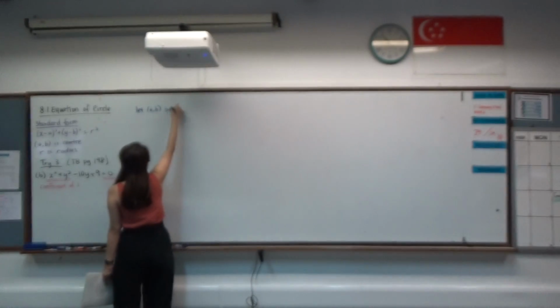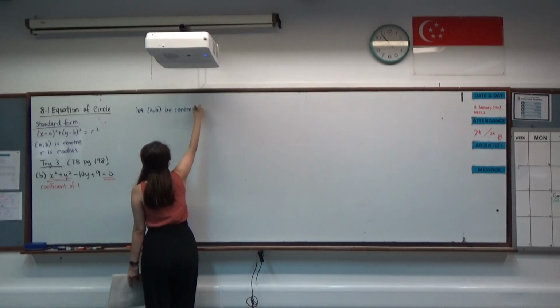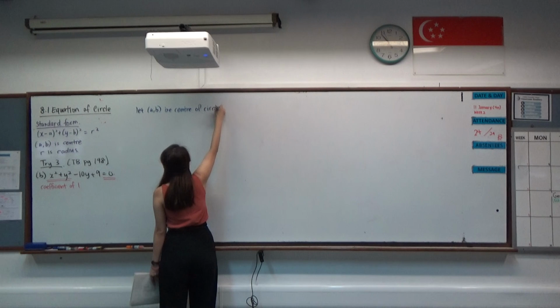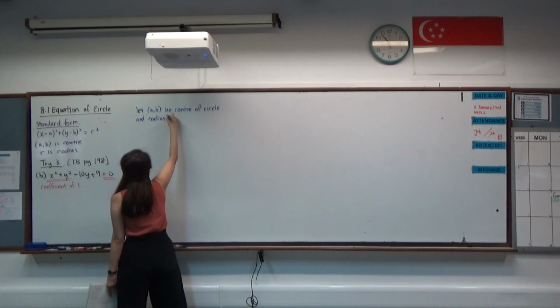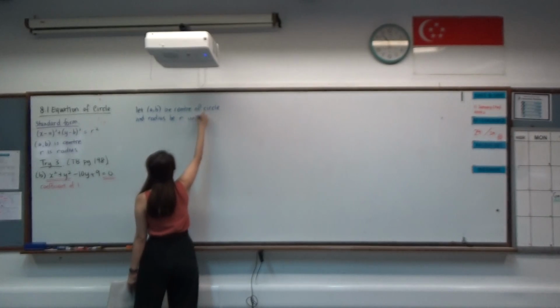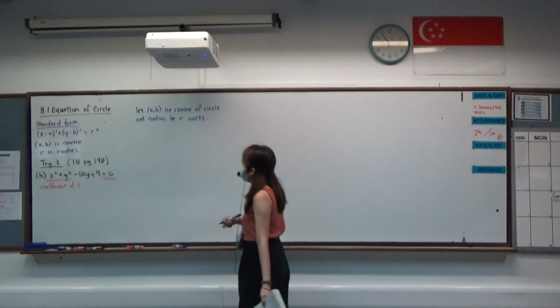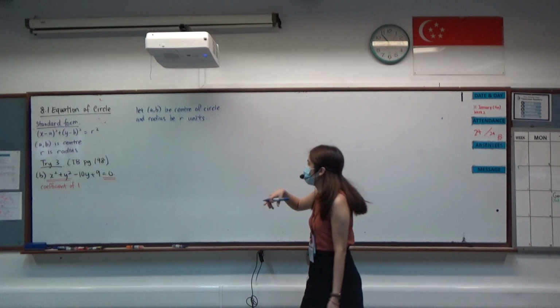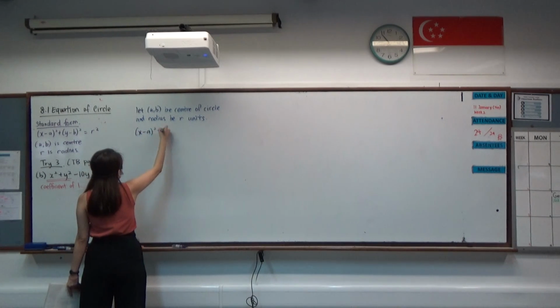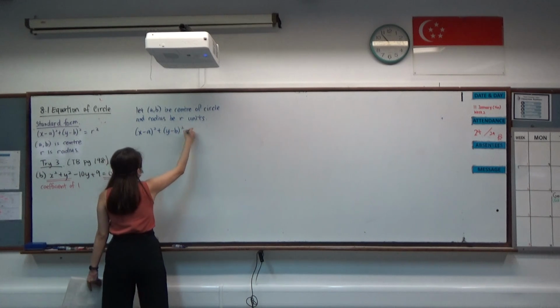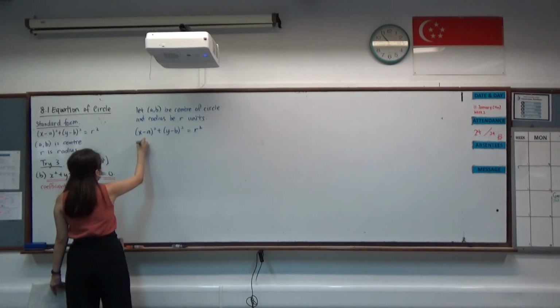(a, b) be the center of the circle and the radius be r units. Then after that, we just write down the standard form and then expand.